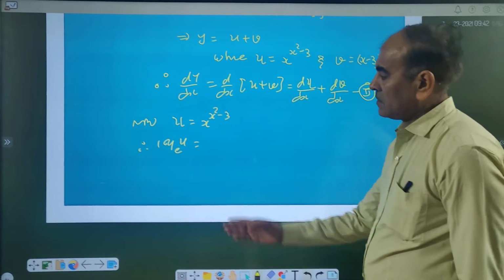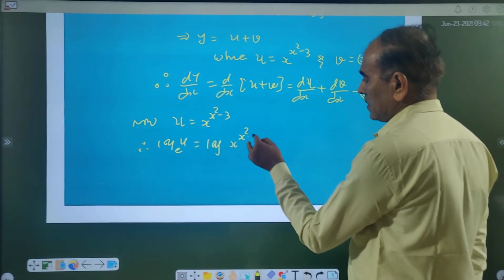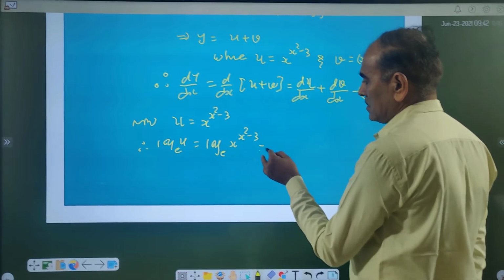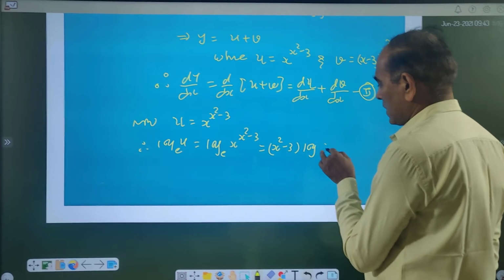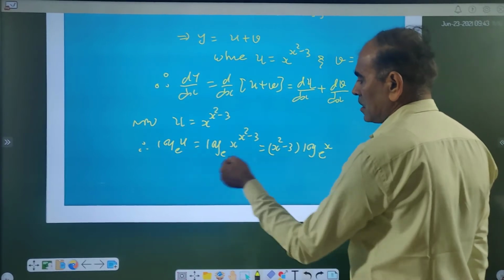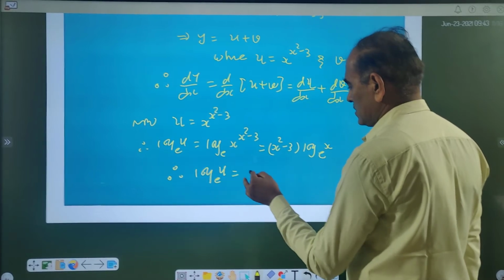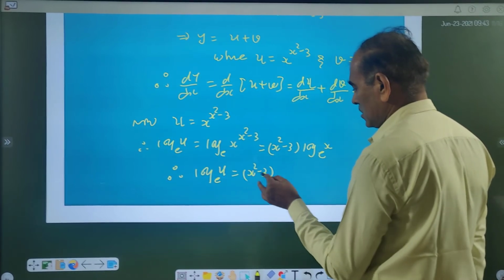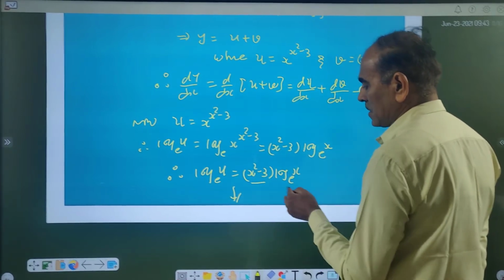Anybody? Because function raised to function is given. So log of x raised to x square minus 3 is equal to x square minus 3 into log x. So now you can differentiate it also. Log u is equal to x square minus 3 log x. Now differentiate, apply the product rule.